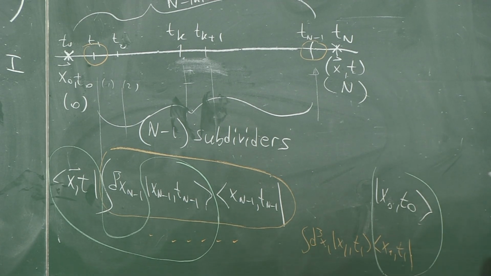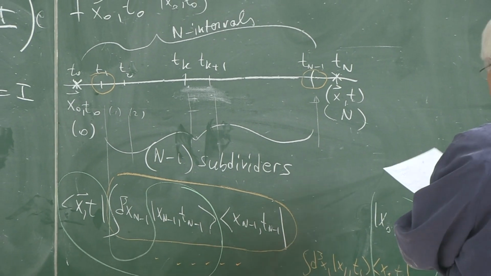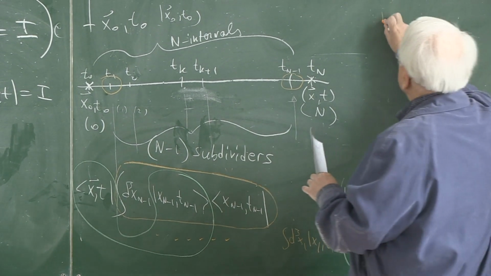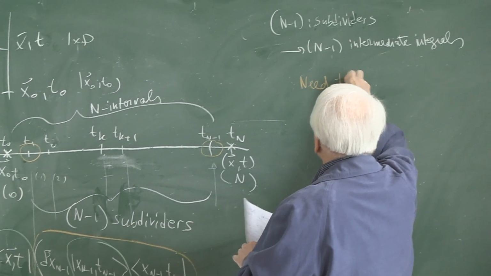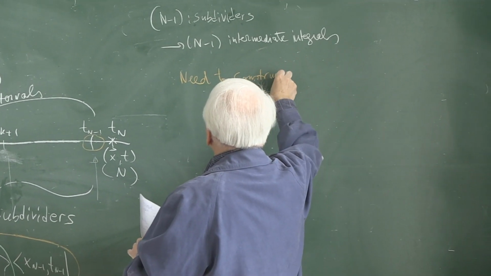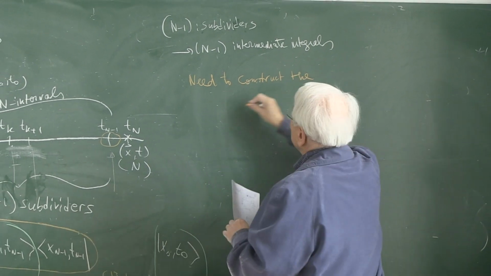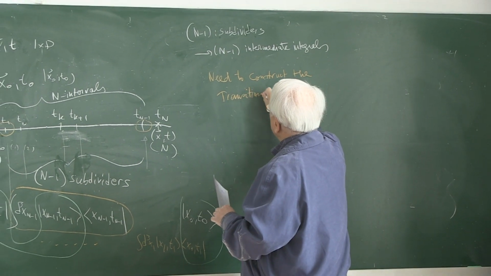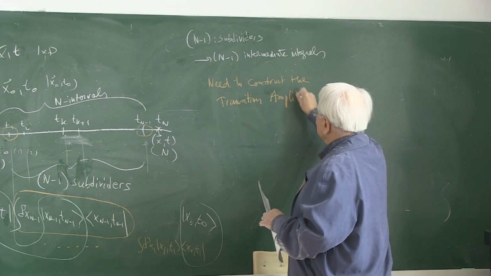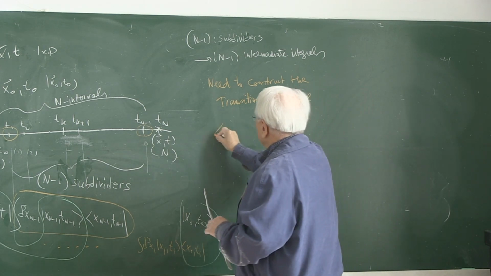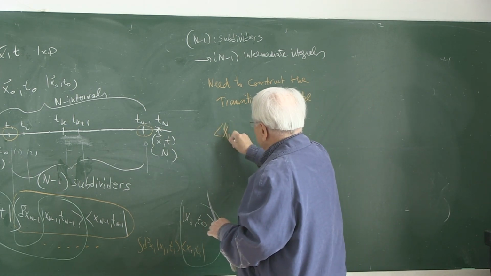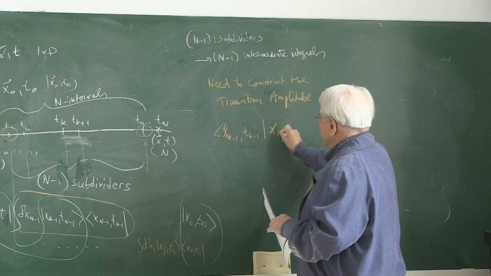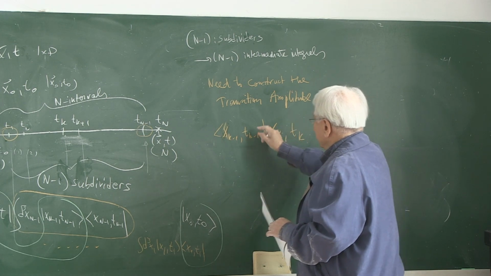If these are of infinitesimal lengths, I need to construct the transition amplitude <x_k, t_k | x_{k-1}, t_{k-1}>.